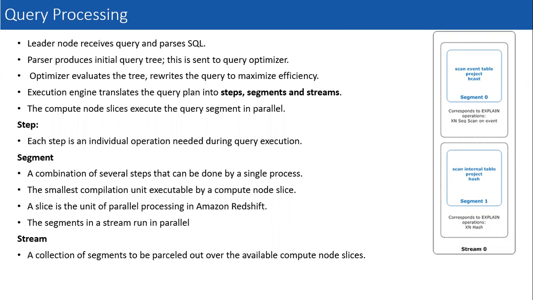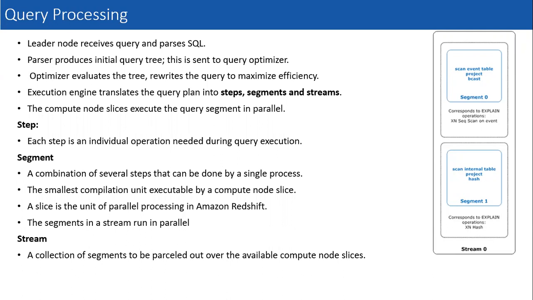The first step should be accessing the table. Whichever table is smaller will get accessed first. Here, segment 0 has a step called scan event table. That is the first step. And in segment 1, we have scan internal table project, and then internal table project and hash this value.